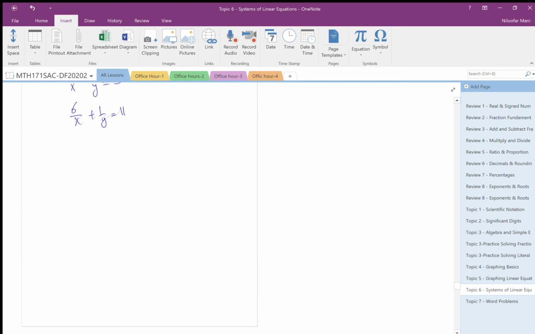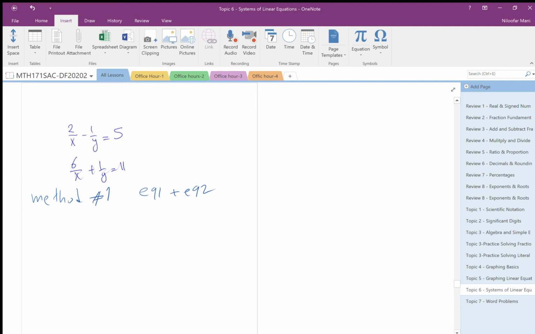So the first method, method number one, is equation 1 plus equation 2. So I have 2 over x minus 1 over y plus 6 over x plus 1 over y equals 5 plus 11.